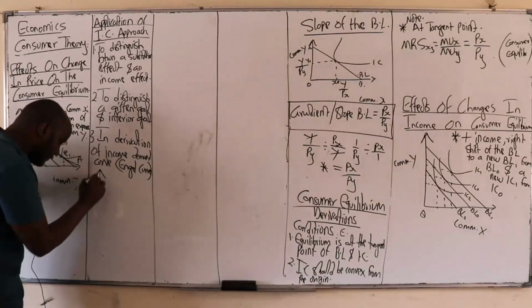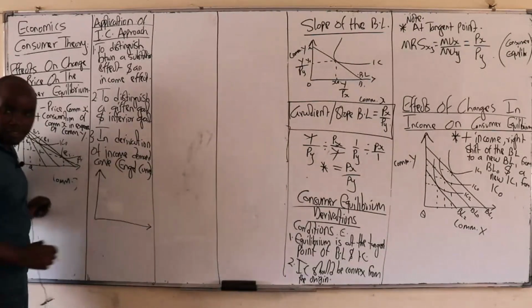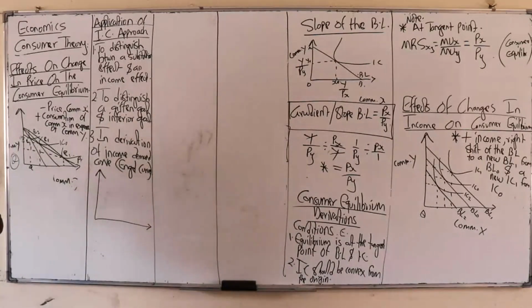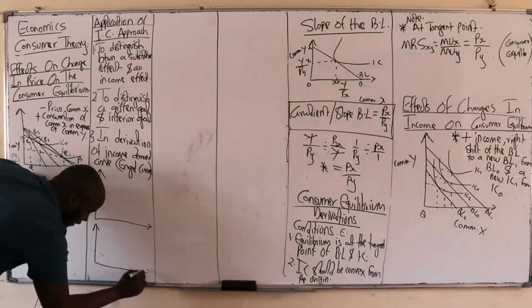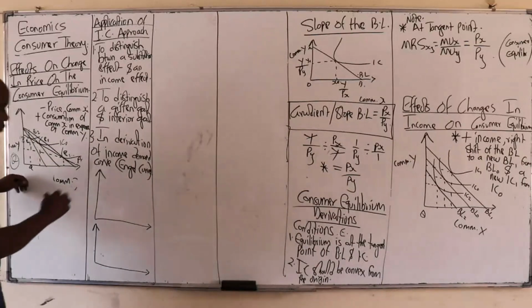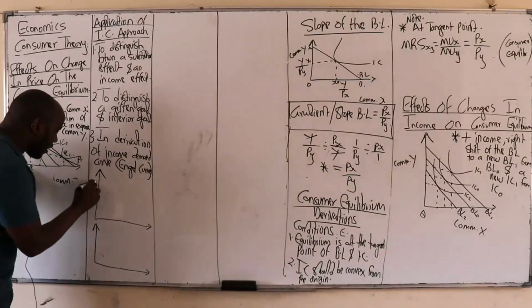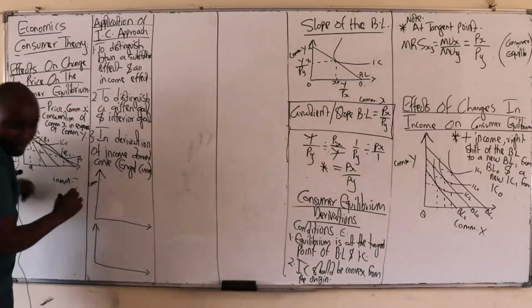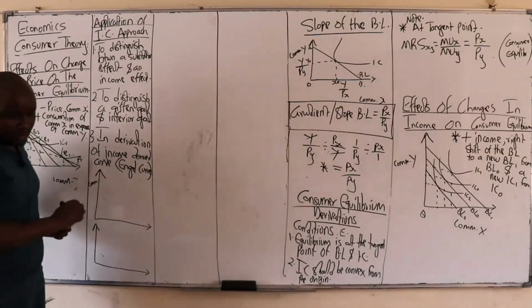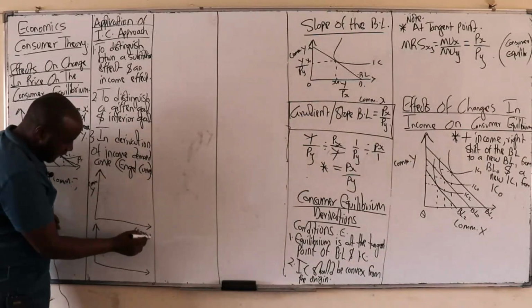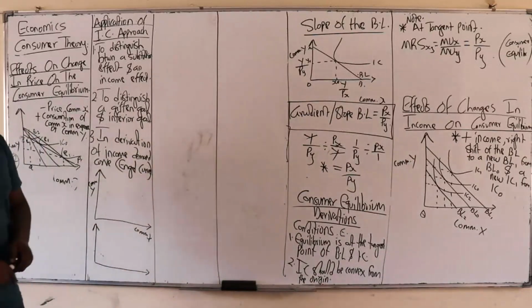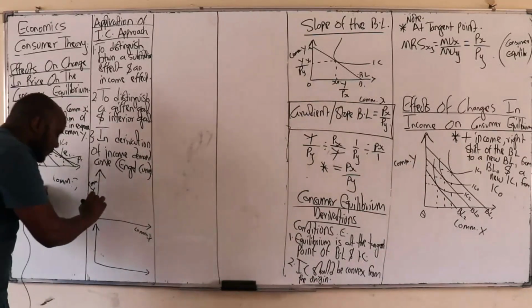Assuming you have different commodities, I'm hoping it's clear all the way to there, even for our online students. Assuming you have commodity Y and commodity X, you have the different budget lines.